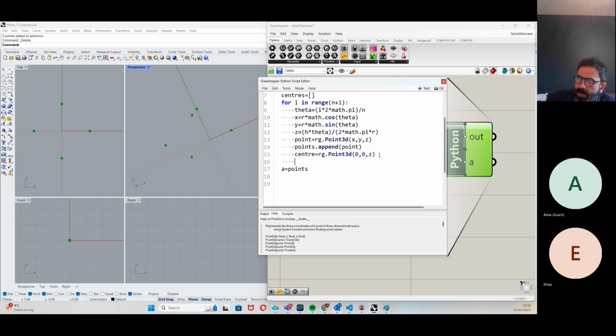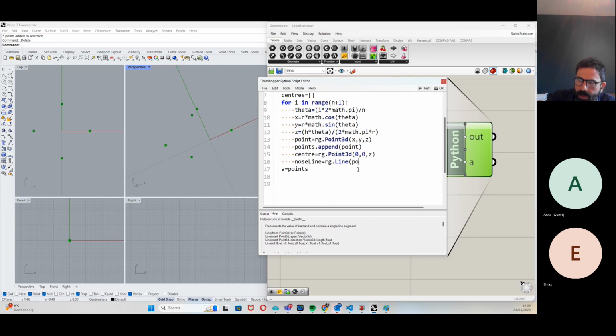And let's generate the line. Nose line equals rg.Line from, we can make a line from a point to a point, as you can expect, from Point3d to Point3d.